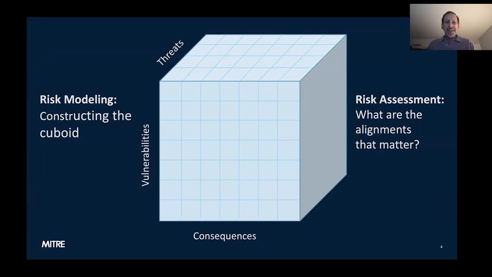Interestingly enough, although I've just referred to risk modeling, each of these dimensions can be its own modeling activity. We do develop consequence models, vulnerability models, and indeed threat models.